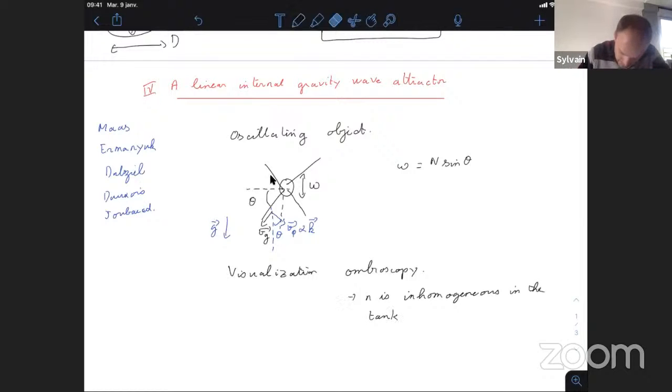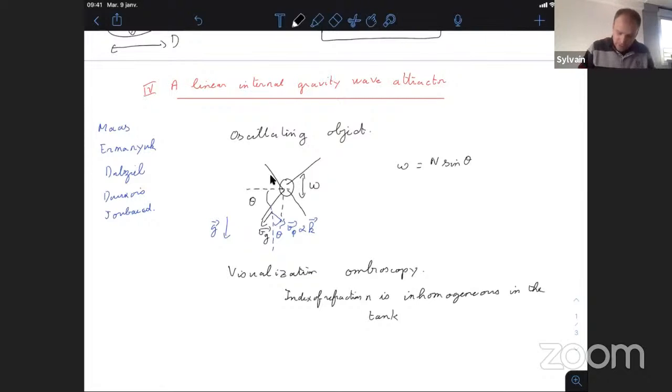So n means the index of refraction. When you have this, you can see through the tank, and it will be related to the density.